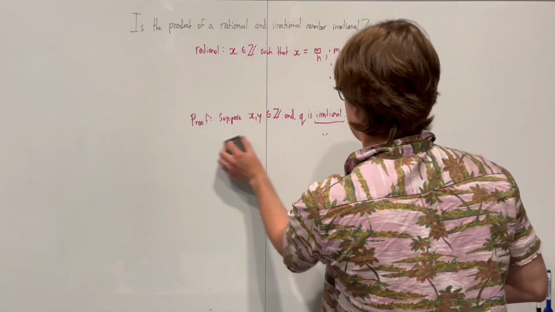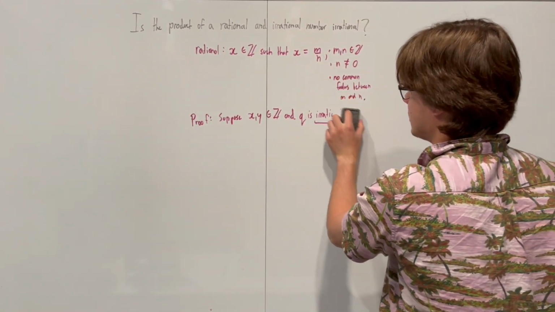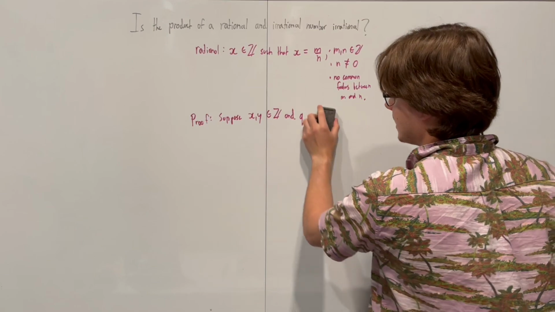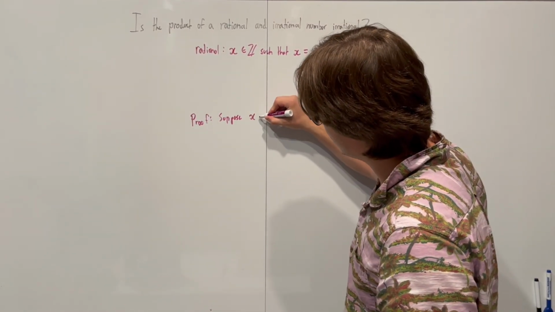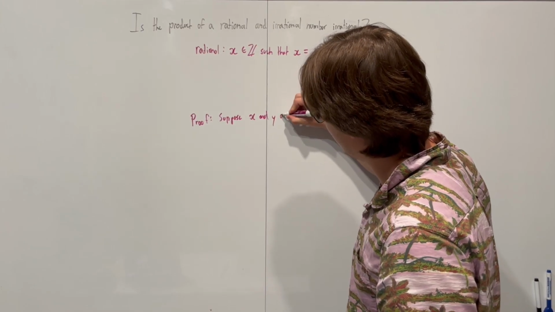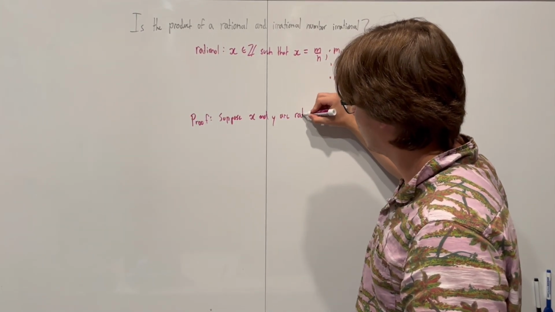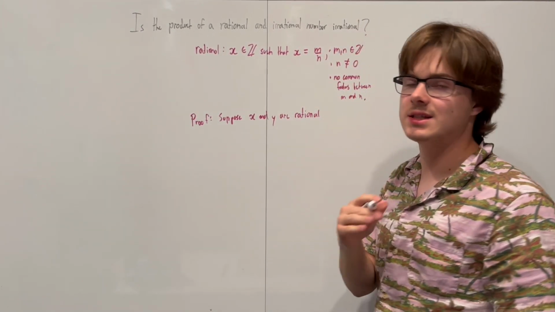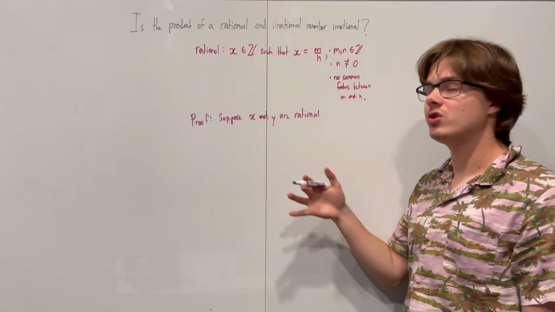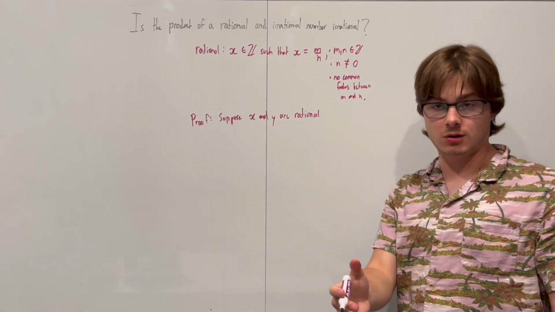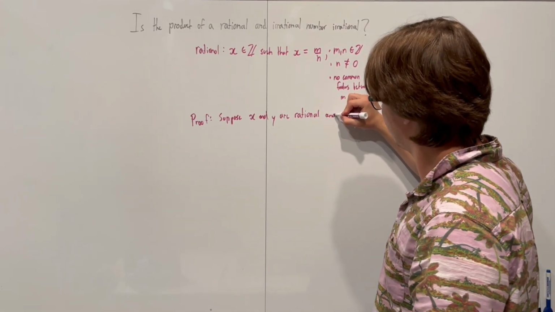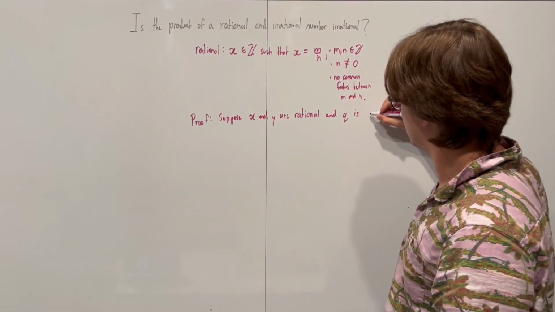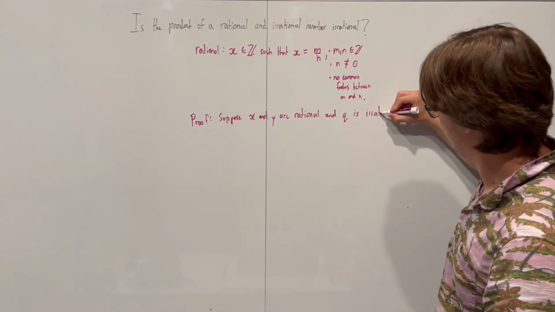I have the logic down. I just need to add a few more conditions in my initial statement. So let's just say, suppose x and y are rational. It wouldn't have made sense for me to say they're integers, because that wouldn't include the fraction rational numbers. So suppose x and y are rational and q is irrational.